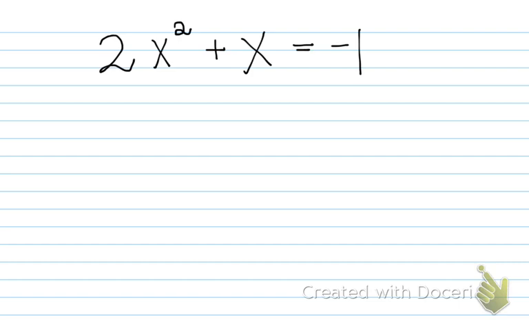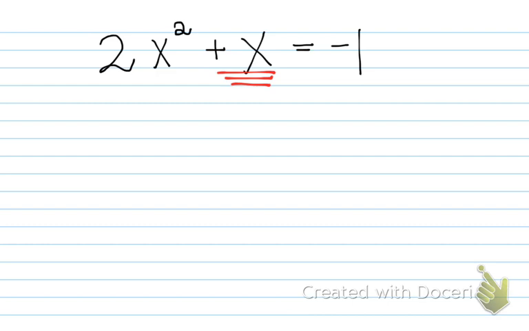Notice again that in this problem, we have this plus x. If there's a plus x, the only way to solve a quadratic with a plus x added to it is to make the problem equal 0.